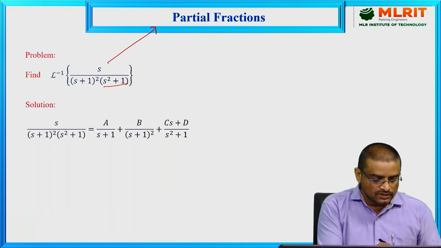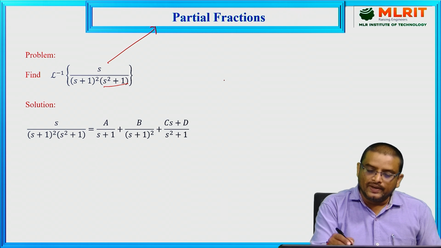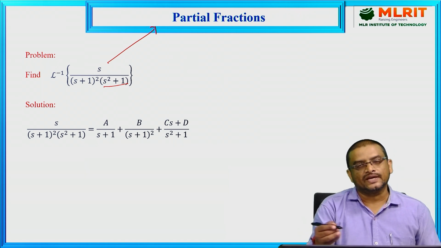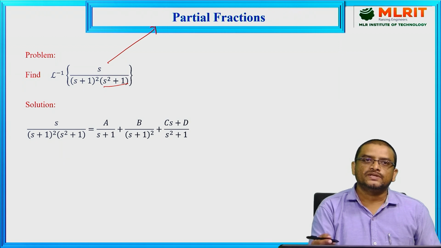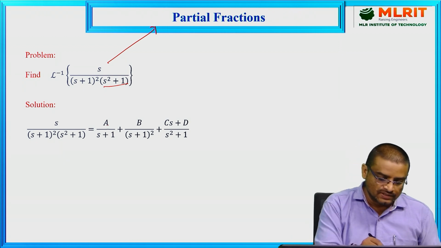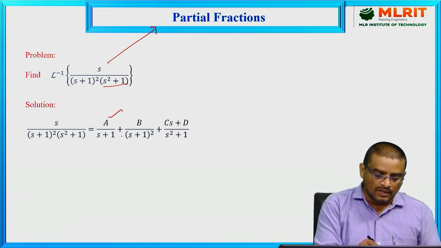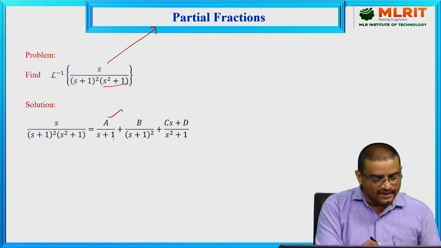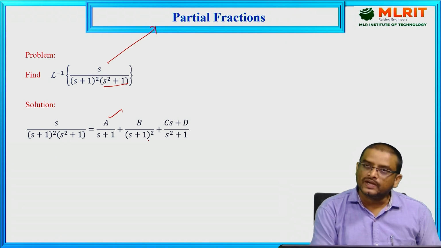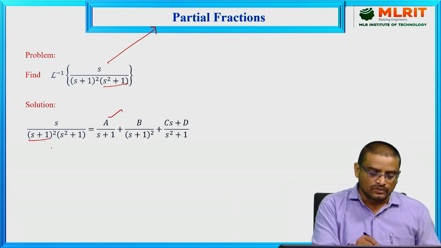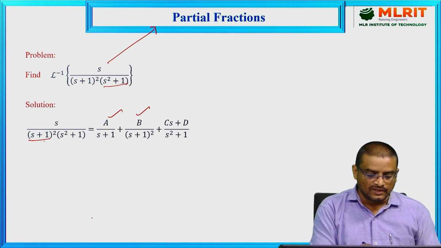Whenever a linear factor is repeated twice, we have case 2 for expressing it in partial fractions. That is a by s plus 1, one linear factor, plus b by the same linear factor repeated twice, so we have to take s plus 1 whole square. So we take 2 terms here for the linear factor.